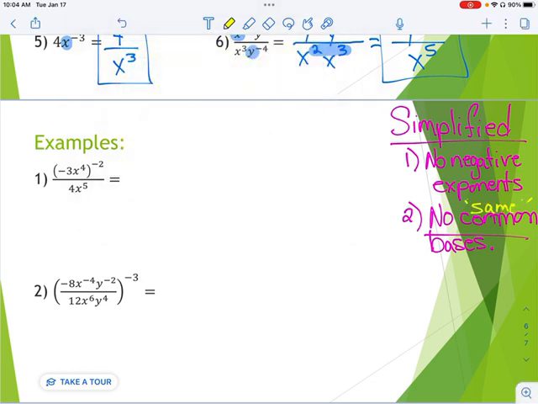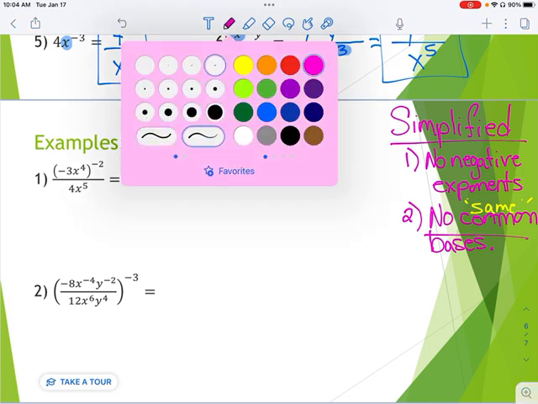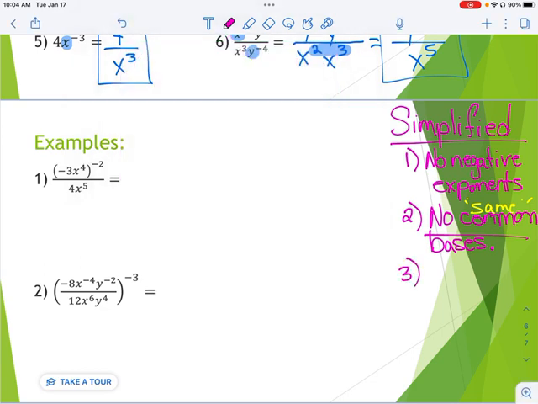So no common bases means in my answer I can't have 2 different x's. I have to put the x's together. I have to put the y's together. I can't leave them as separate. And then the third simple rule that we like to follow is no numerical bases raised to an exponent.